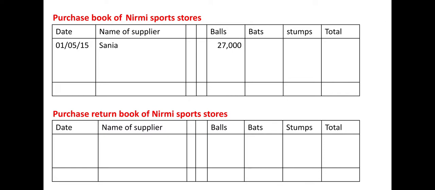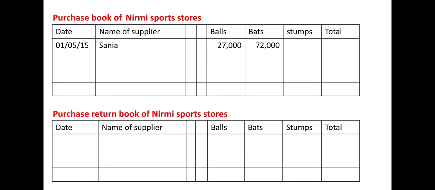Just like that, you can see in the question, we are buying 100 bats at the rate of 800 per bat. So, student, that will be 80,000 minus 10% discount. So 80,000 minus 8,000 will give you 72,000. Then we are also buying stumps, 50, and the price of one pair is 300.